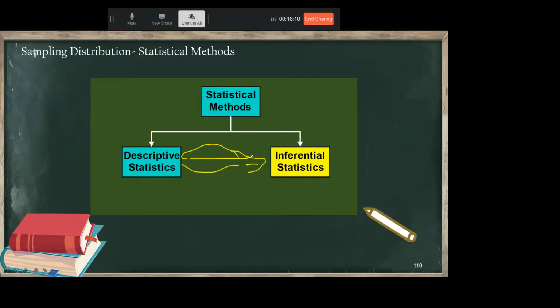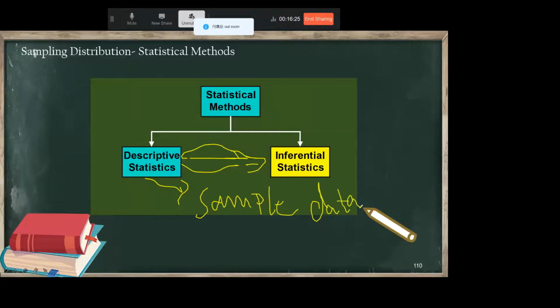When we conclude about our population based on the sample data, that is known as inferential statistics or inferential analysis. So let's start with what we already defined, inferential statistics. This inferential statistics we can subcategorize in two.